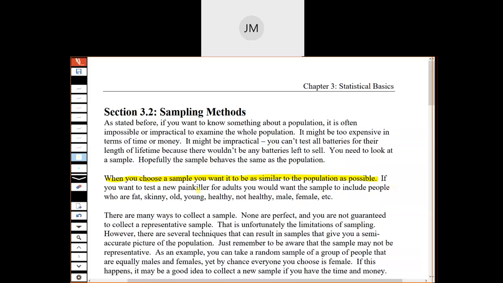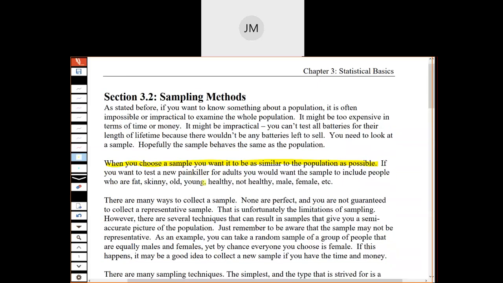Let's suppose we want to test a new painkiller, right? If I only test a new painkiller on people that are between 18 and 25 and very healthy, that's probably not a good way to determine how effective it is or what the side effects are going to be for everybody that's going to use it, right? Because I've sort of just narrowed in on this tiny segment of the population, and I have other people with different health conditions that I haven't tested it for, and it's not going to let me know what's going on.